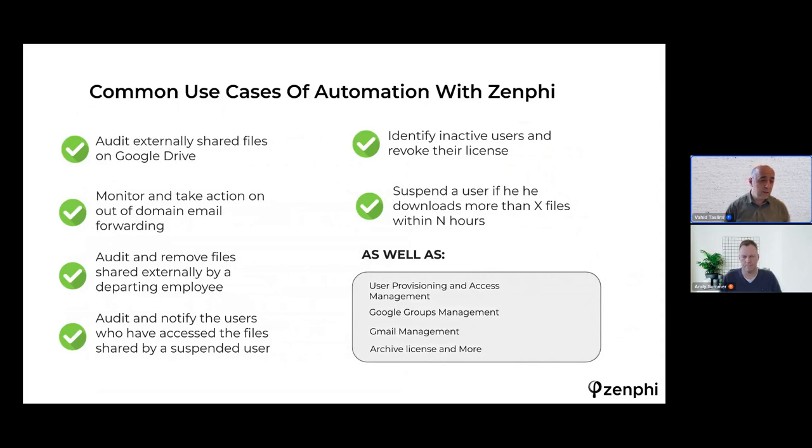They automate auditing of their externally shared files on Google Drive, knowing that it's quite easy to share those files, and sometimes we forget to remove sharings that could lead to data leaks. Or when someone configures an out-of-domain email forwarding rule within your organization, you may want to take some action to avoid data leaks. These are some of the security aspects that we can help with, and there are quite a few more along the journey.